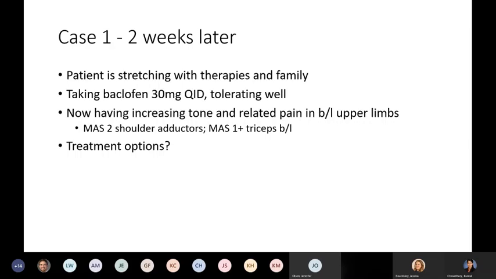So he's got an MAS 2 at the shoulder adductors and MAS 1+ at the triceps bilaterally. So is there something that you would consider adding to his treatment program? Or again, is there anything else that you would want to do at this point, given these new complaints?